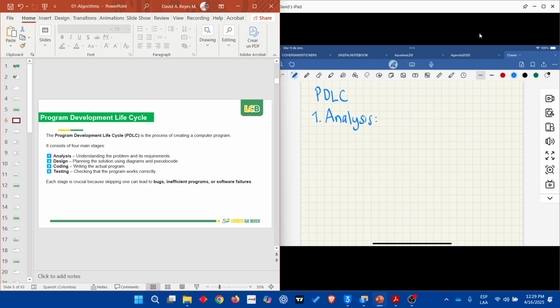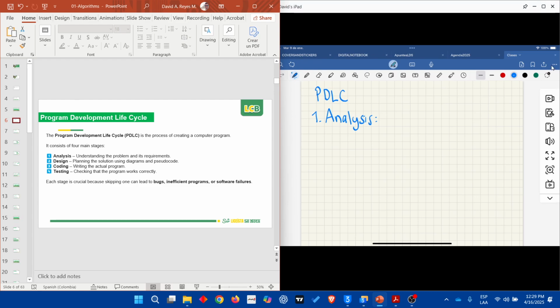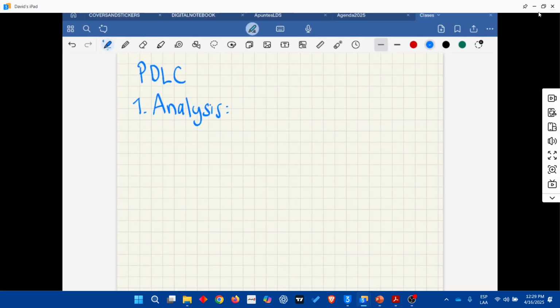So remember, PDLC is a process of creating computer programs, and it is composed of four stages. The first stage is analysis, understanding the problem and its requirements. I'm going to give you an example here.